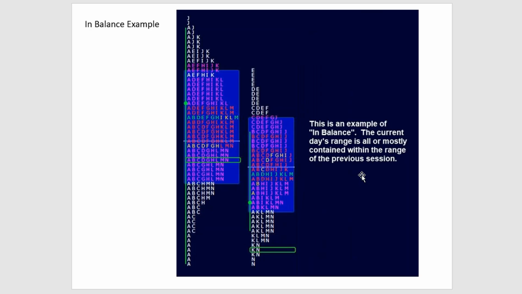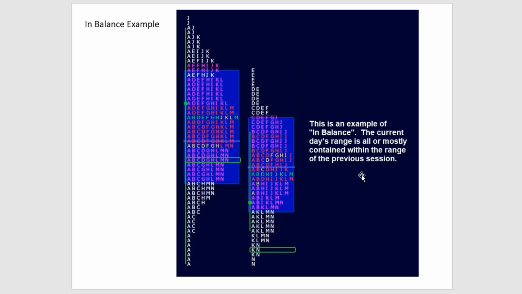At that point, the potential destination trade becomes the lower end of the balance. Does that mean it has to go and make that destination? No, it's just something that gives us a guideline to look at and see how well the market is trading as it heads back down in that direction.